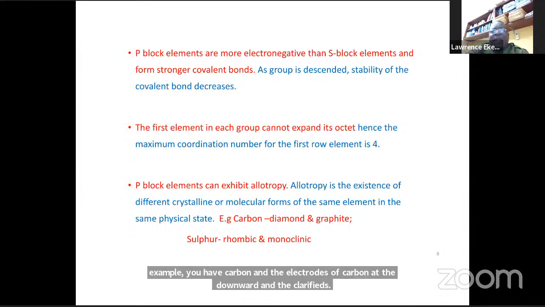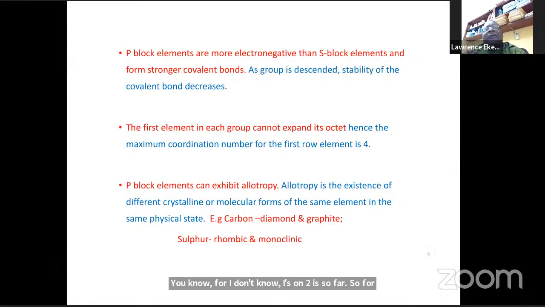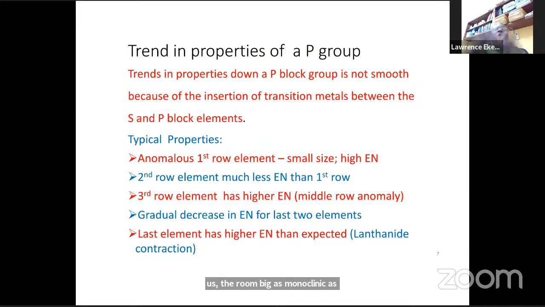Sulfur has rhombic and monoclinic as examples of allotropes. So all the P block elements exhibit allotropy. When an element in the same physical state exists in different molecular forms, that is what we mean when we say an element is exhibiting allotropy.